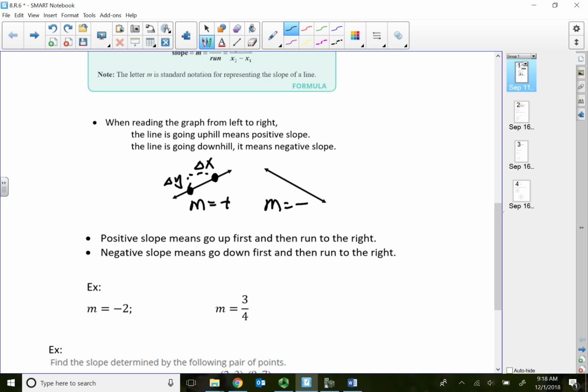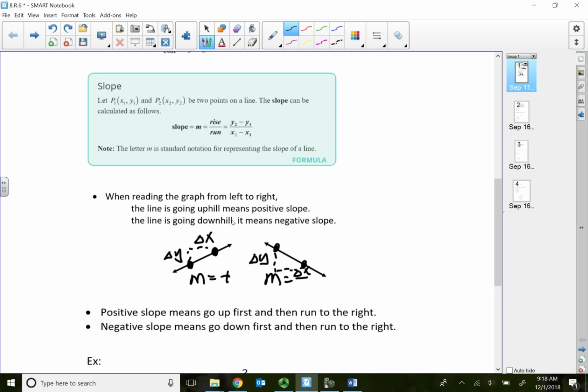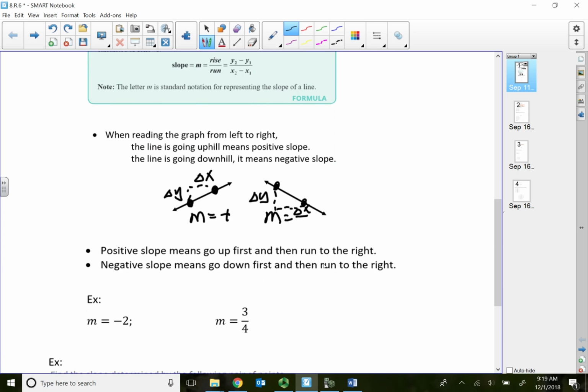Negative slope means we will go down so many first, then we will run to the right, the change in x. When you say rise over run, the run always means go to the right, but the word rise only applies if the slope is positive. When the slope is negative, it means we go down so many and then go to the right.